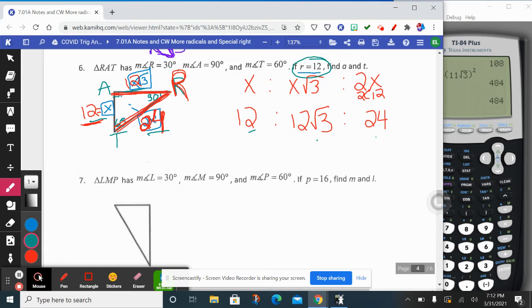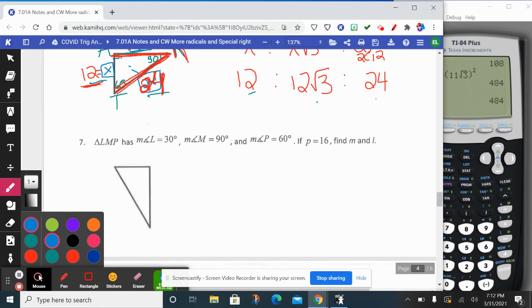Going down to triangle LMP, L is 30, so I'm going to put L down here because that appears to be the smallest angle. M is the 90, and P is going to be our bigger angle, 60. Well, again, going back to the rule, from the 30-degree angle, opposite that is a measure of x. Across from 60 is x times the square root of 3. And across from the biggest angle is twice x.